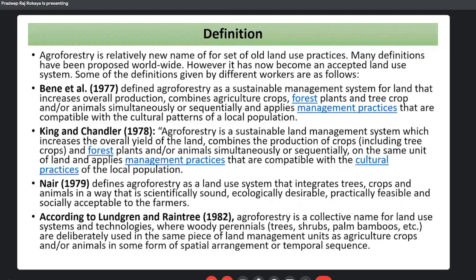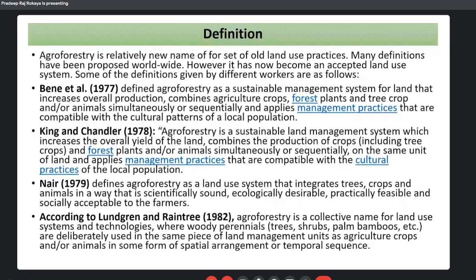Nair, 1979, the main writer of the book on agroforestry, defines agroforestry as a land use system that integrates trees, crops, and animals in a way that is scientifically sound, ecologically desirable, practicably feasible, and socially acceptable to the farmers.